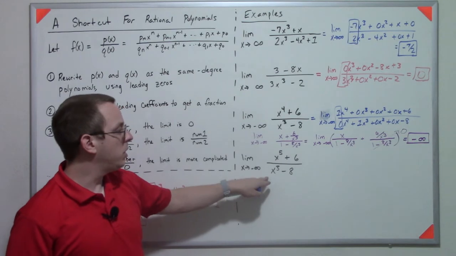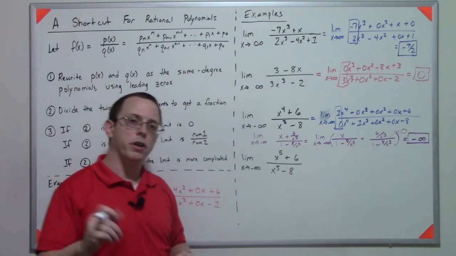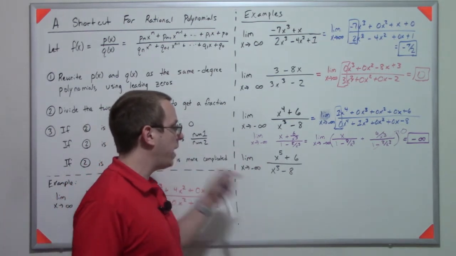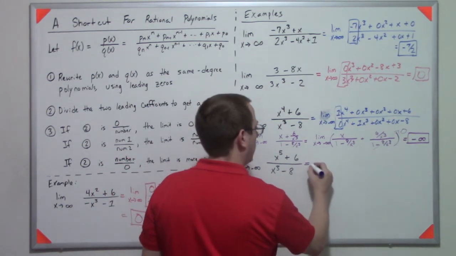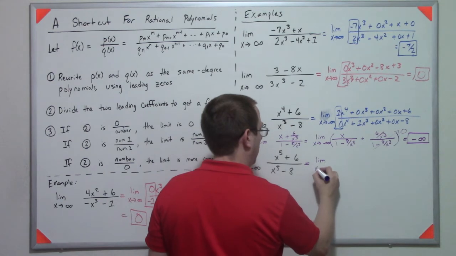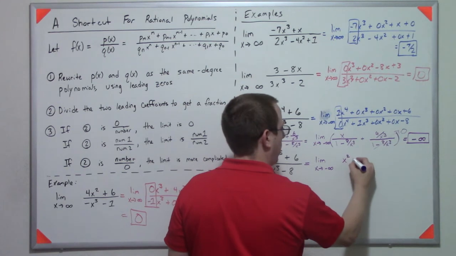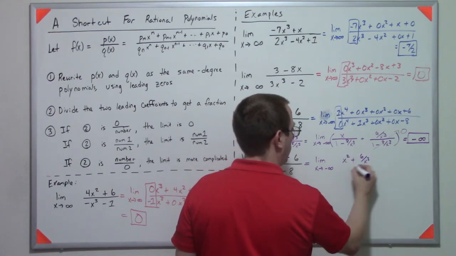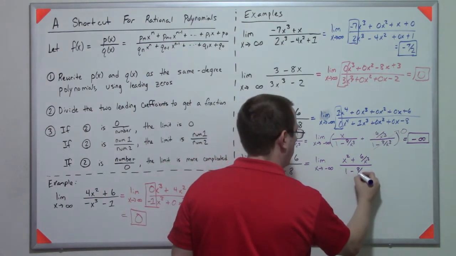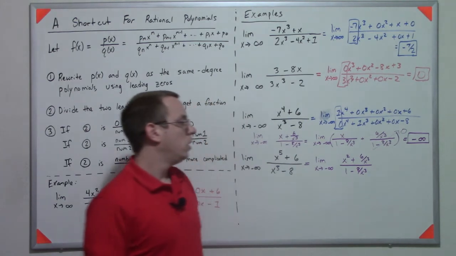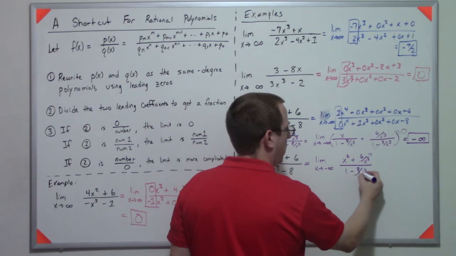The reason I say that is because you could do the same process for this one and you get 1 over 0. But what you're going to find in this case, again, let's factor out an x cubed. So we'll get the limit as x approaches negative infinity of x squared plus 6 over x cubed, all over 1 minus 8 over x cubed. Then what you're going to find is this is going to go to 0, and this is going to go to 0.